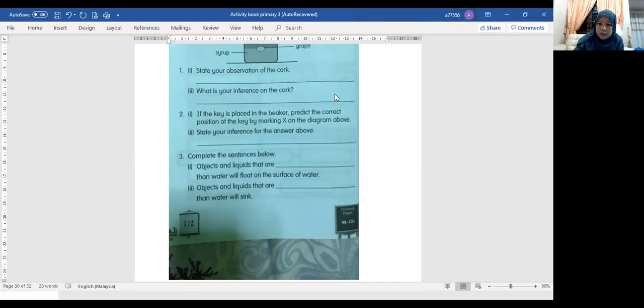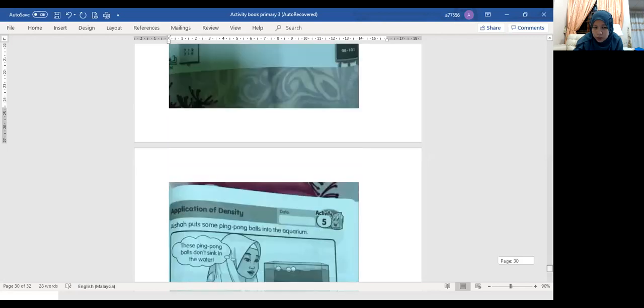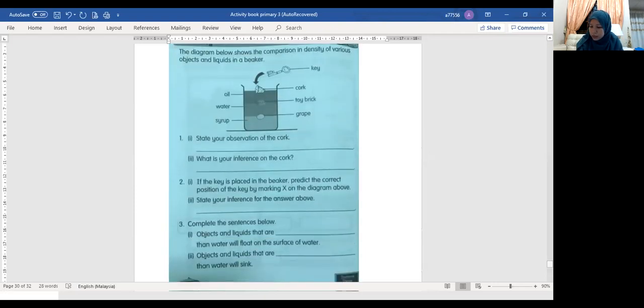I already discussed page 66. Now we proceed with pages 67 and 68. But let me repeat again the discussion on page 66.